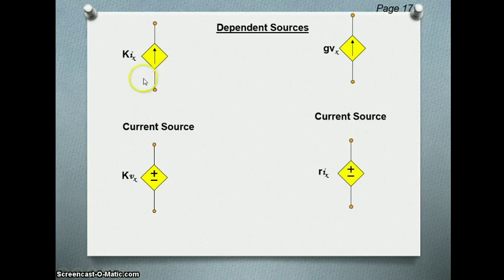In the first 2 examples, because you find an arrow mark inside, they are current sources. But in the below 2 examples, because you find the plus and minus, they are voltage sources. But these current sources and voltage sources deliver a value depending on some other parameters. That is why they are called dependent sources.